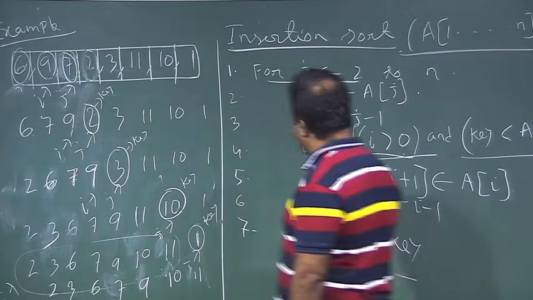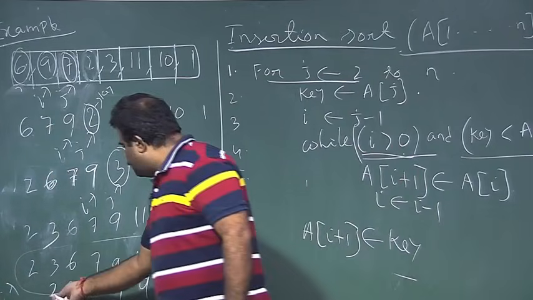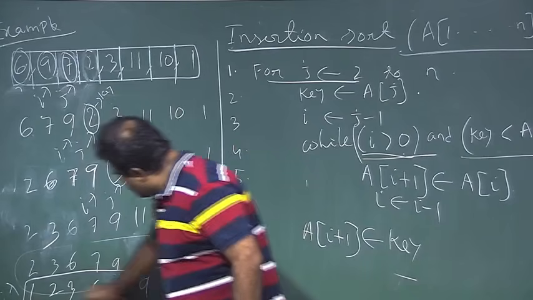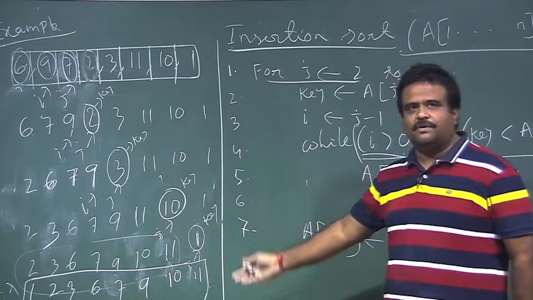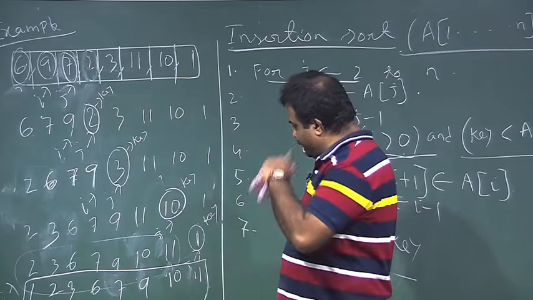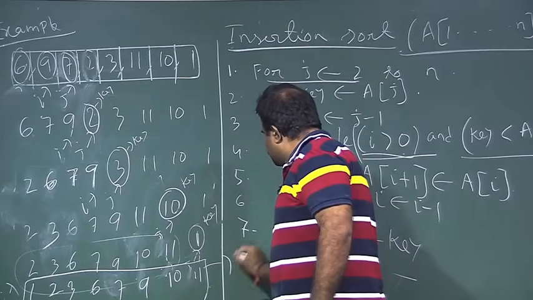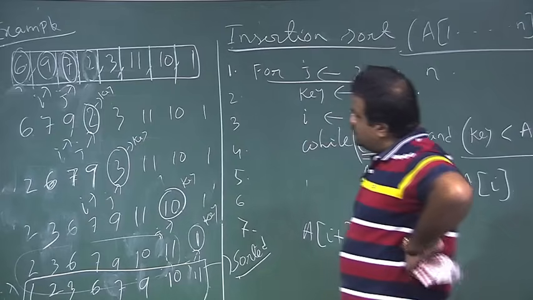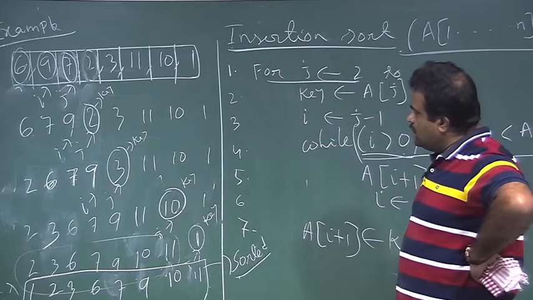So, once i is pointing 0, we stop and we put this 1 here. So, this is the final step of our code, and so this is sorted.